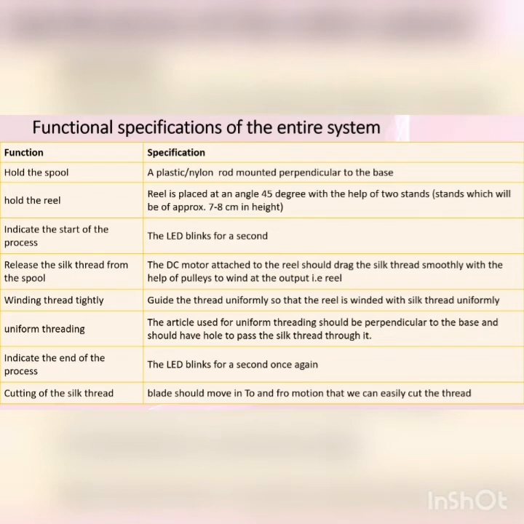Indicate the start of the process: to indicate the start, we will blink the LED. To release the silk thread from the spool, a DC motor will be attached at the reel side, which will drag the silk thread smoothly with the help of pulleys to wind at the output, that is the reel. To indicate the end of the process, the LED blinks again for a second.